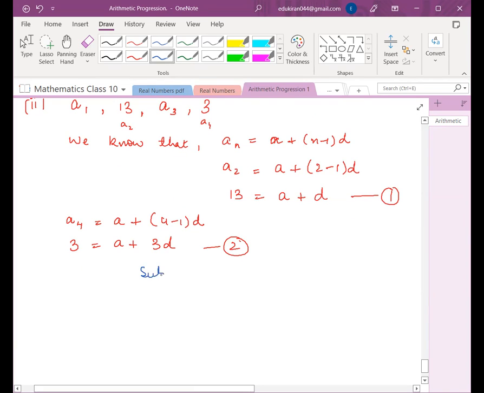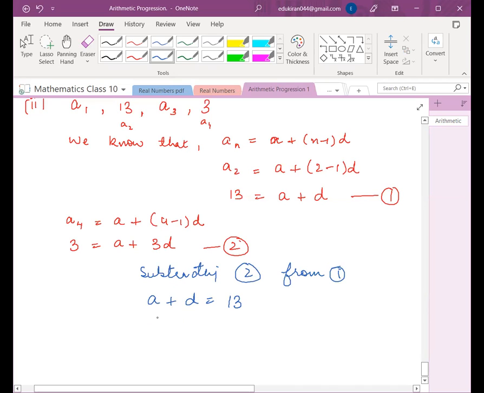So subtracting second from 1, right? I'll write the first one above. I can write A plus D is equal to 13. Just flip the equation because LHS is equal to RHS, so I can write A plus D here, doesn't matter.